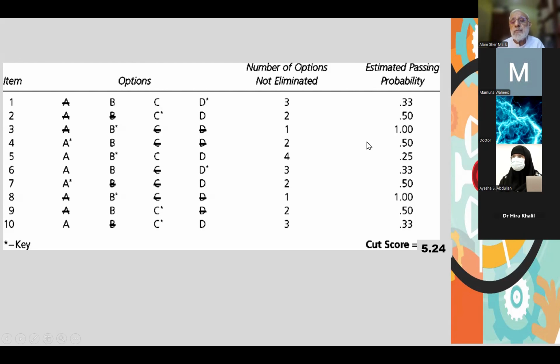This means that first they are eliminating the so-called obviously wrong statements, and then looking at the chance of choosing the right option from the remaining statements. They would calculate this for each question, and then that would give the cutoff score. So this seems so simple to practice.